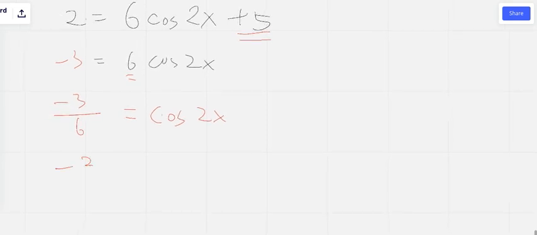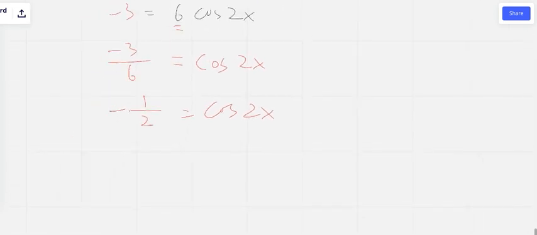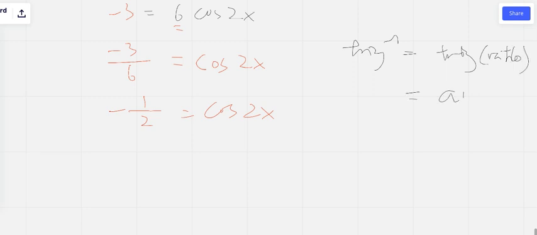Which that's further simplified into negative 1/2. Okay, so does this look familiar in any sense? Yes, and this refers back up to the English I just taught, which is that the trig function inverse, trig inverse, is actually asking trig of what ratio is equal to the angle.